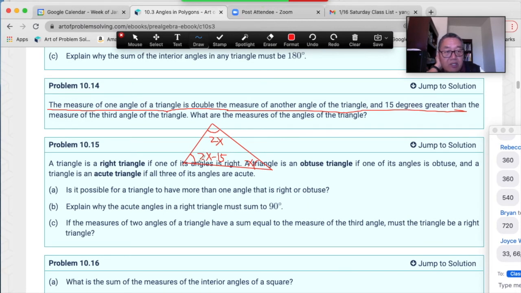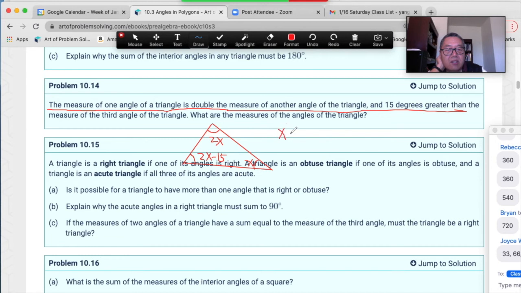Suppose this one is the third one. They tell you this angle is 15 degrees greater than this one. So that means this third angle is 15 degrees less than this. So this angle equals 2x minus 15. Therefore, you can use the sum of these three angles added together equals 180 degrees to solve this problem.